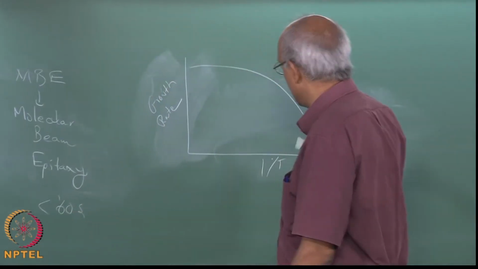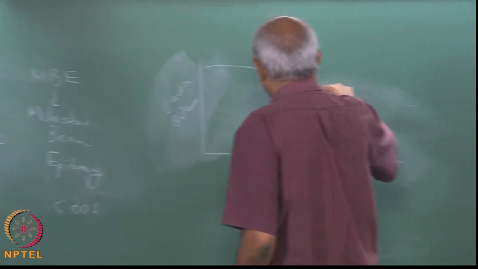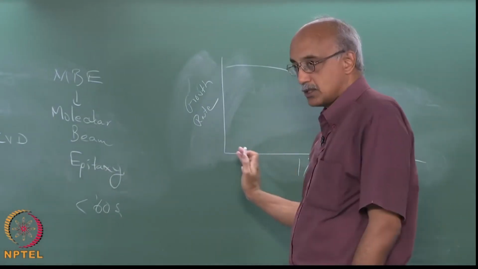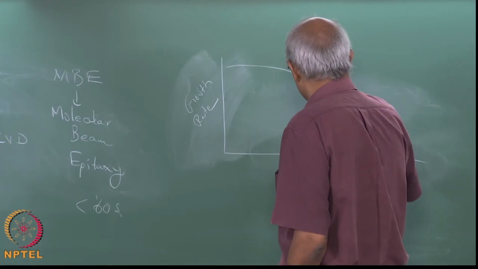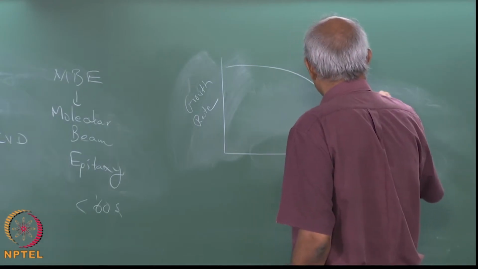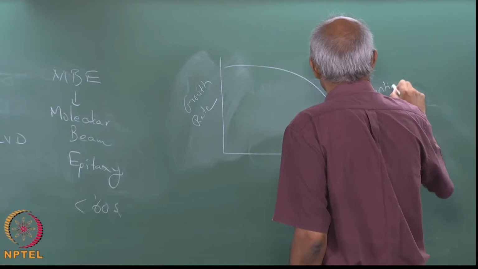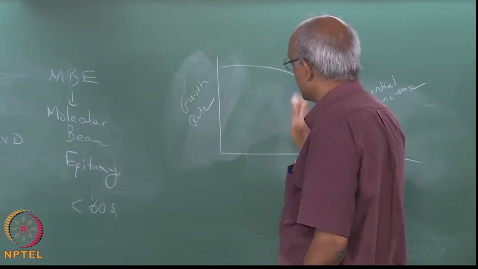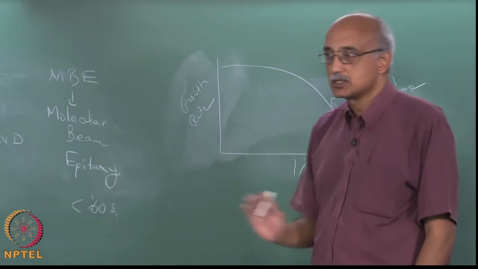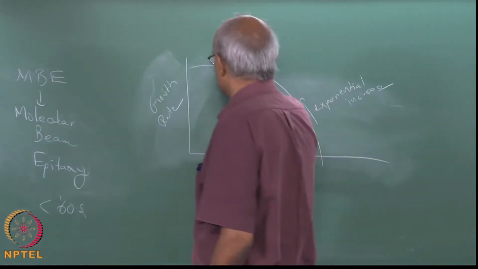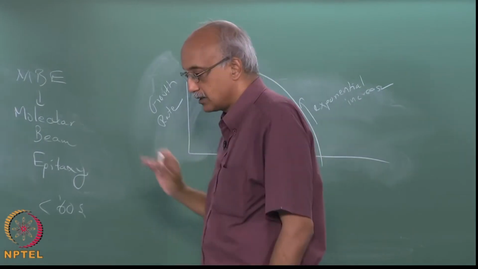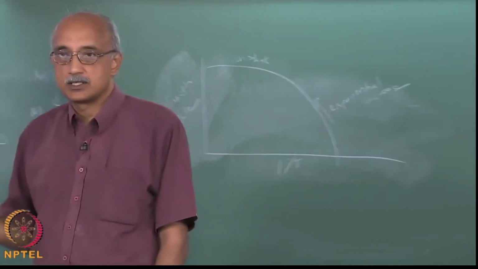There is a low temperature period where, as you increase the temperature, there is an exponential increase in the rate of film formation. But once you raise the temperature beyond a certain value, it becomes constant. So, this is the classic CVD signature.